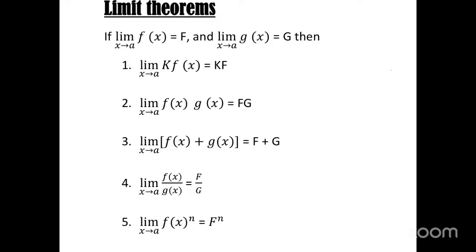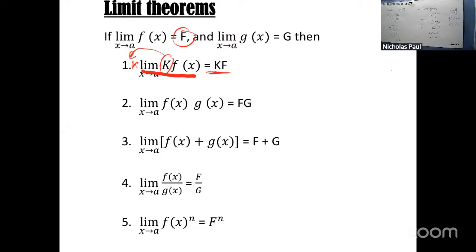Here's what it's saying: we can take the k and put the k on the outside, and you'll get k times the limit of f of x. So whenever there's a constant, you can pull the constant outside.